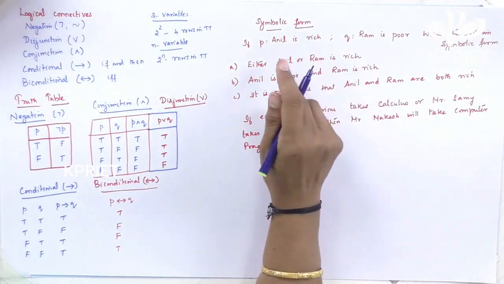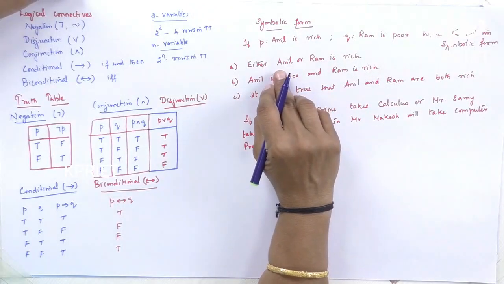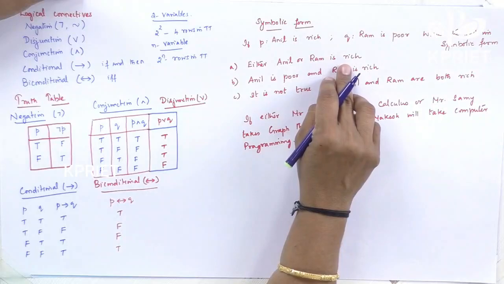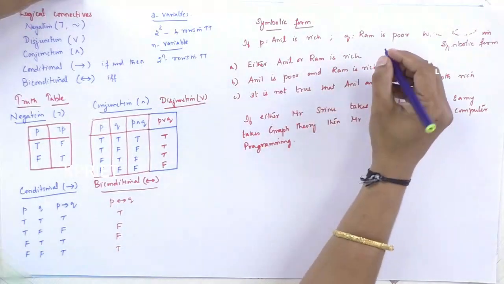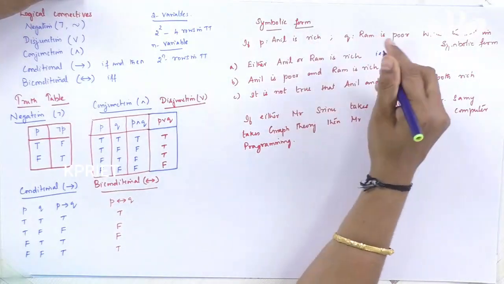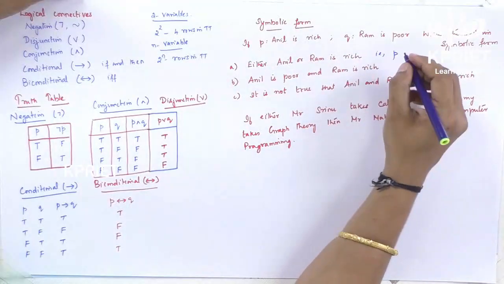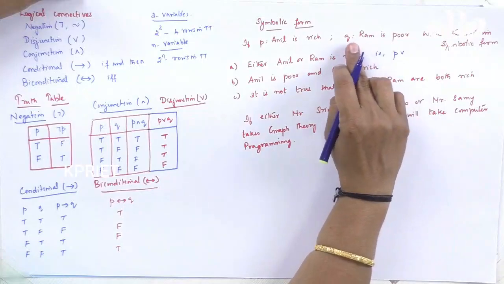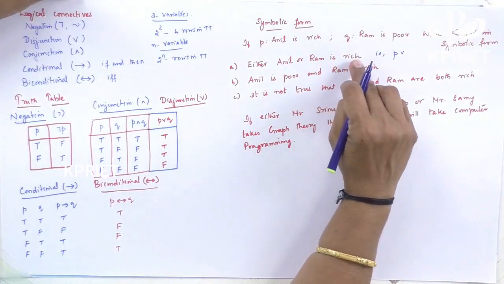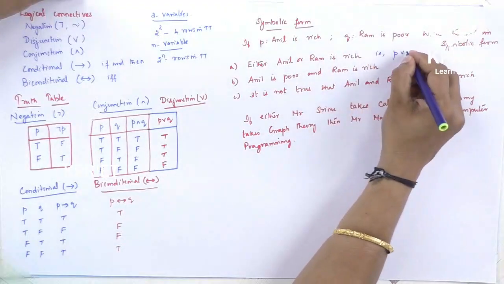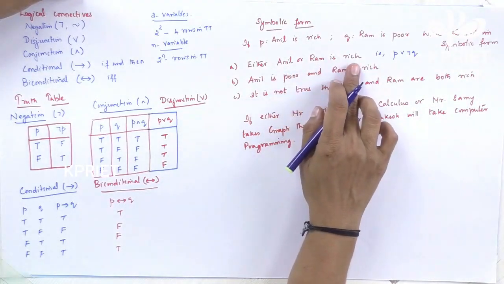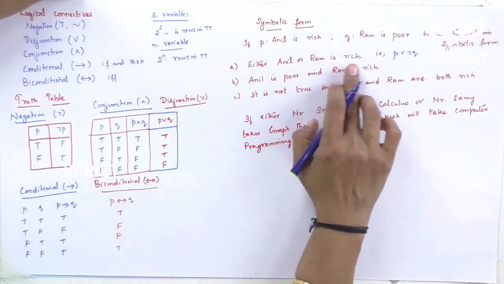Either Anil or Ram, so this or that, which means either Anil is rich or Ram is rich. Anil is rich, we can denote it as P. Disjunction is the connective. Ram is poor is given as Q, so Ram rich is nothing else but the negate of this. So the symbolic form of either Anil or Ram is rich is P or negate Q.